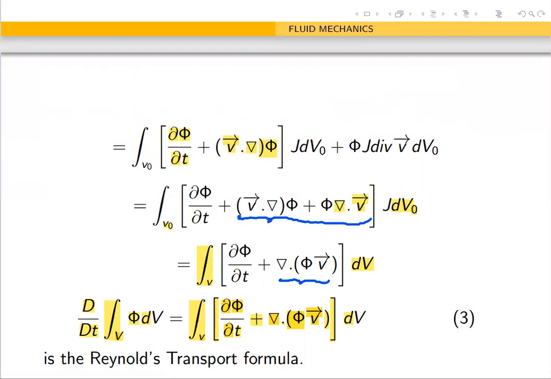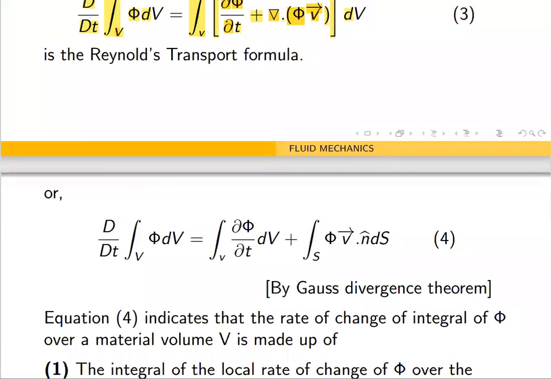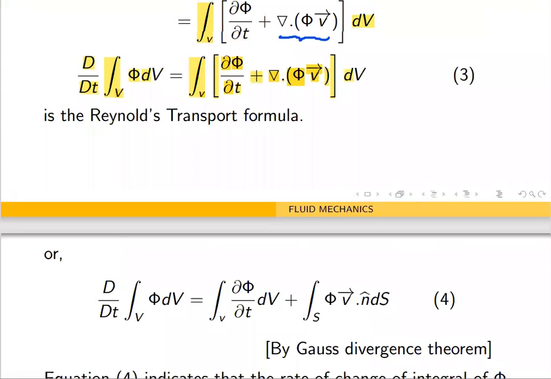By using the Gauss divergence formula, that volume integral is converted into the surface integral of φv dot n dS. Fine. This is also another form of the Reynolds transport formula.